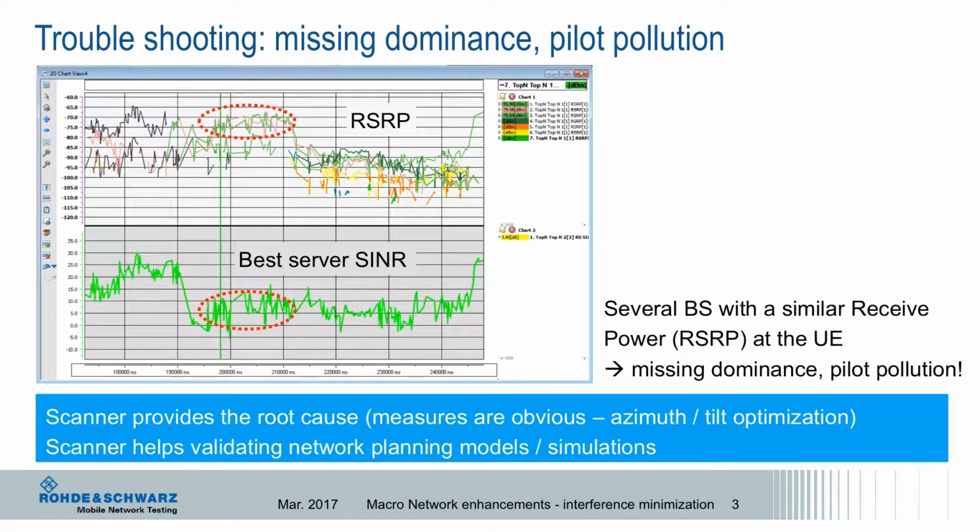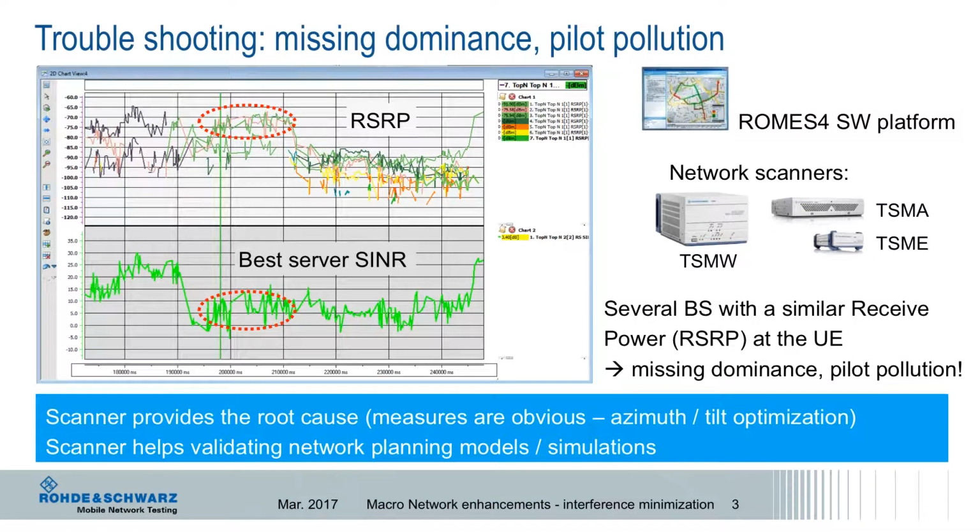And here we see a missing dominance. One is our best server, and the other strong signal is an interferer, a neighboring base station or a neighboring sector. So this is clear, we have a strong interferer and therefore the signal to noise ratio is low. We have missing dominance here, and this is the root cause for pilot pollution.